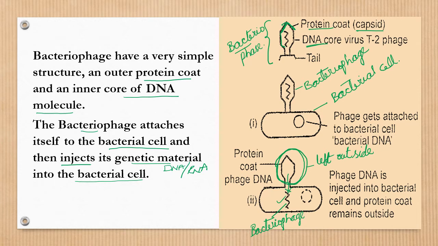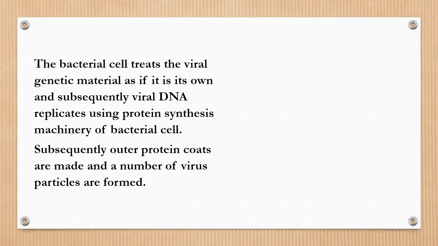Then what next? The bacterial cell treats the viral genetic material as its own, and subsequently the viral DNA replicates using the protein synthesis machinery of the bacterial cell.